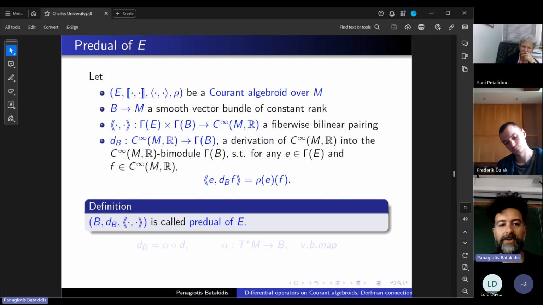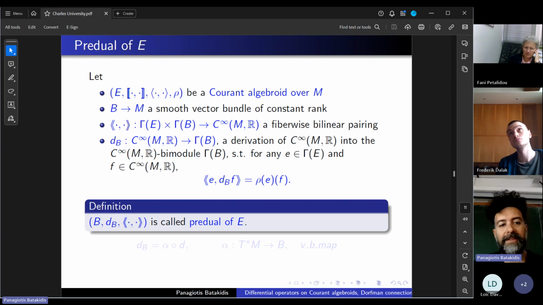You start with a Courant algebroid E, that's what the first bullet says. And B, we take it to be a smooth vector bundle of constant rank. And there is a pairing between these two, but not necessarily non-degenerate. Actually, it's a trivial case if it is non-degenerate, so you take it to be possibly degenerate.